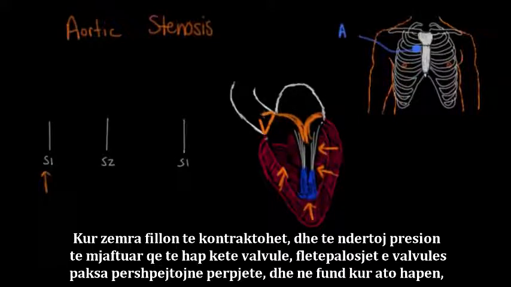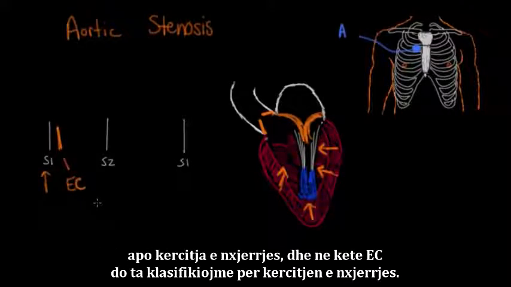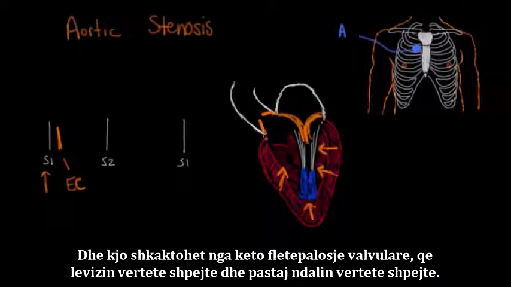When they finally pop open, remember they're not opening all the way because the valve is stenotic, so this first gives you what's called an ejection sound or ejection click, and that's here. We're going to label that EC for ejection click, and that's caused by these valve leaflets moving up really quick and then stopping really quick and shooting open.